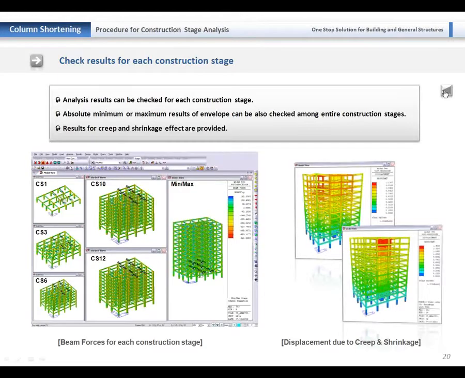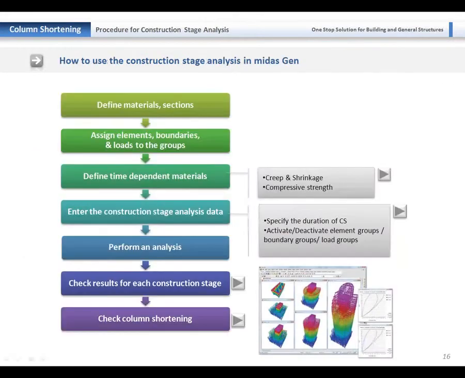Go back to the chart again. After defining the construction stage data, then we perform an analysis. And then we check the results. For the results, we can check the results for each construction stage.